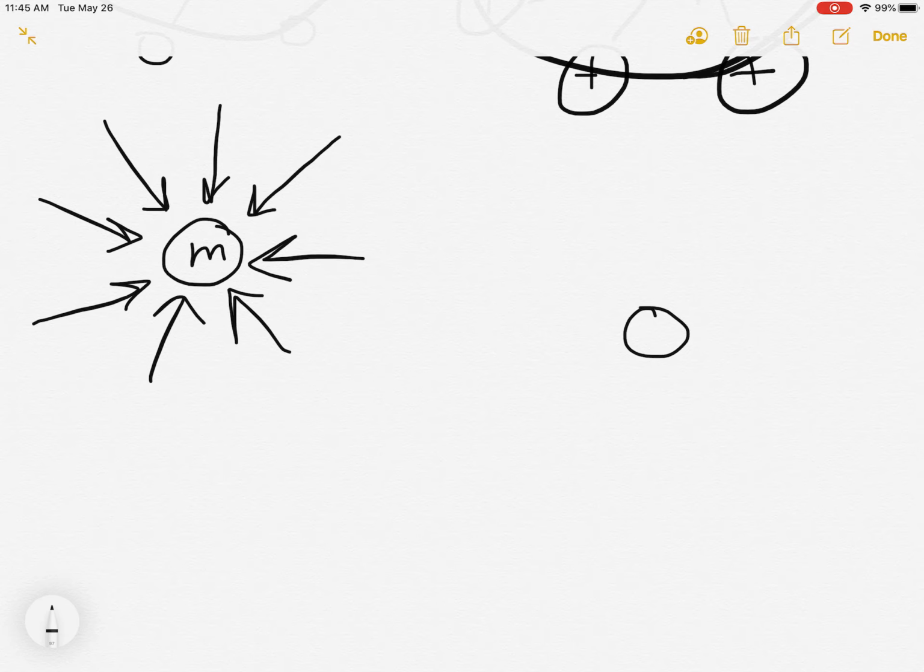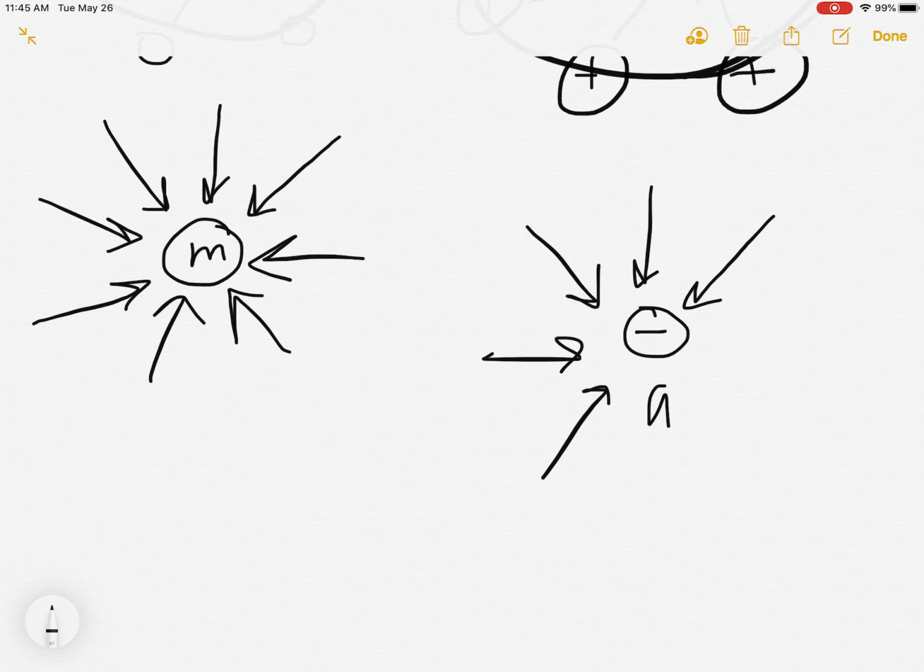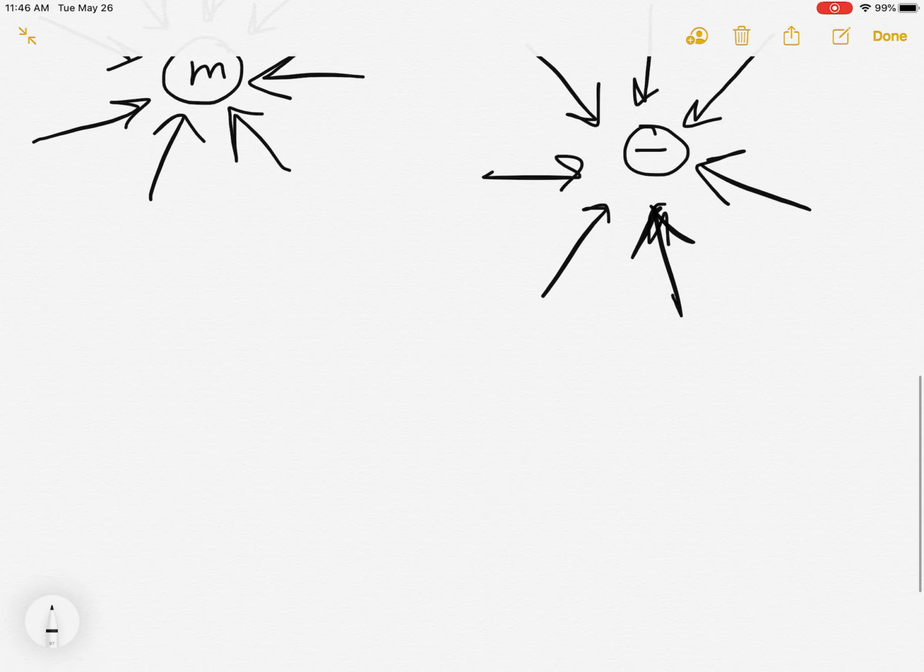And what that means is essentially, if you have a negatively charged object, then around it, all positive charges would be attracted to it. And you can see how these pictures look the same. And that's because although they work on different properties, the fields of gravity and electricity are very similar. In fact, they're identical almost.